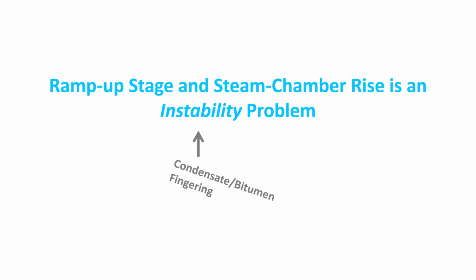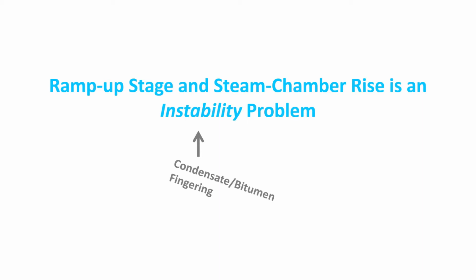But there is one fundamental question that has to be addressed. Ramp up is not the ablation mechanism that's been used in the Butler formula. So can we use this?